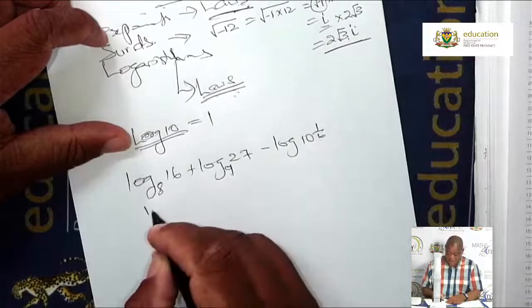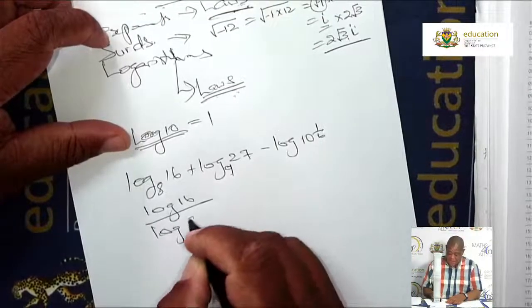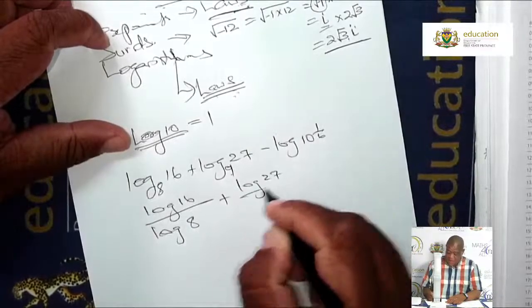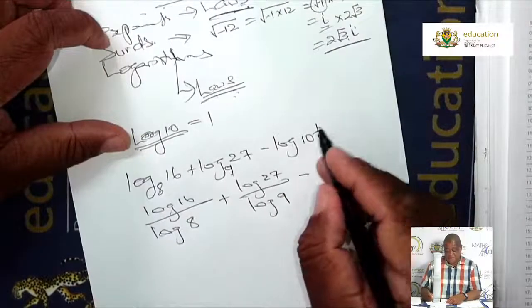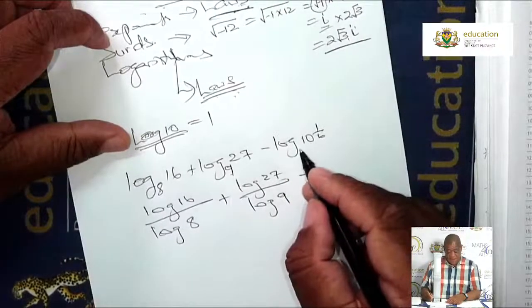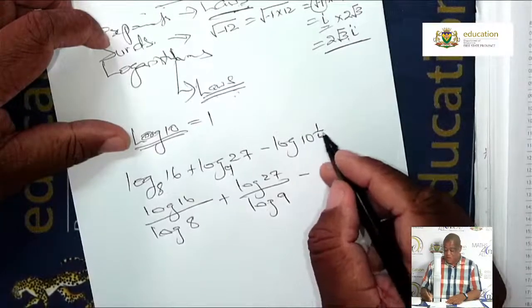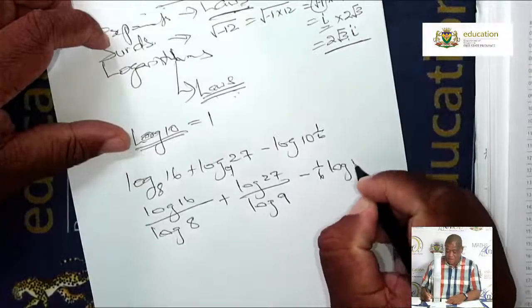The change of base is needed, having this as log of 16 divided by log of 8 plus log of 27 divided by log of 9, that we subtract over there. You can see now the base is 10, which is not written there. We can use our law number 3 there, which will be 1 over 6 log of 10.